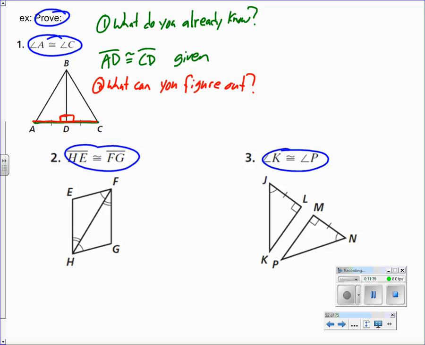So I can figure out that angle ADB is congruent to angle CDB, and the reason for that is they're linear pairs, and angle ADB is a right angle.